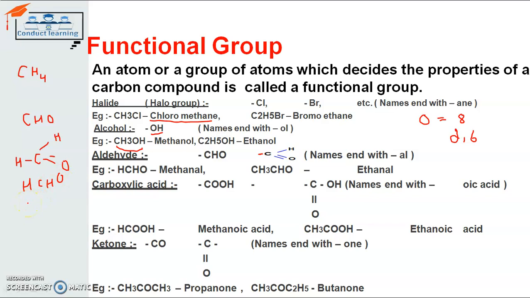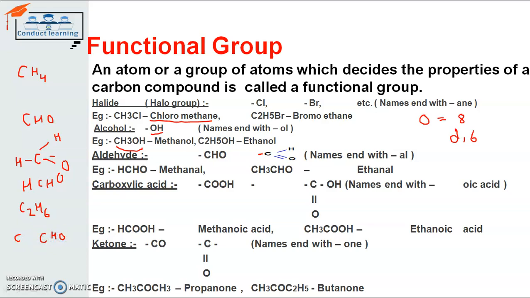Let's see. Ethane has 2 carbon atoms, and the chemical formula is C2H6. But the aldehyde group already has one carbon atom, so we need only one carbon atom more. Already there is one carbon atom, one hydrogen atom and one oxygen atom.